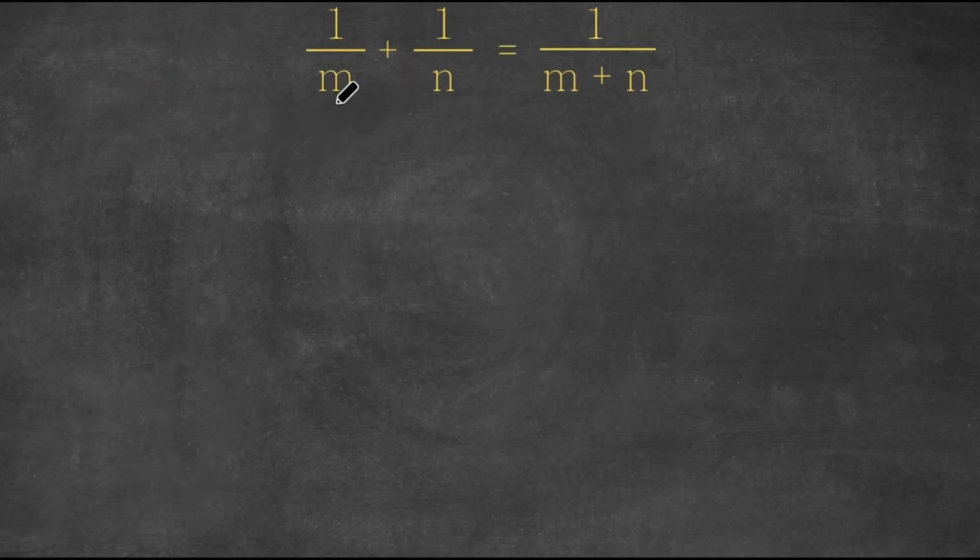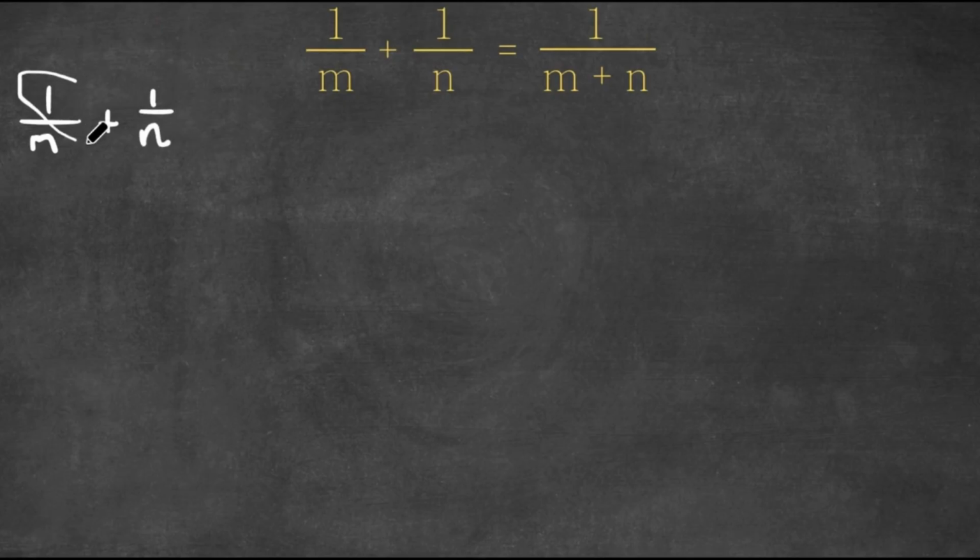Now, let's first start by simplifying our left-hand side here. Let's add 1 over m plus 1 over n.